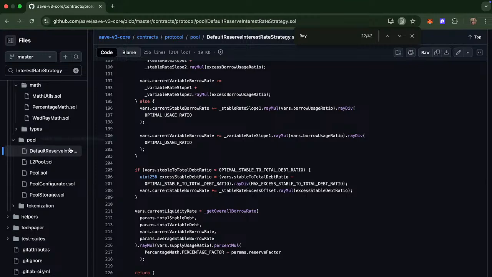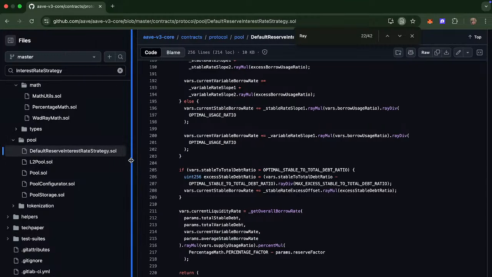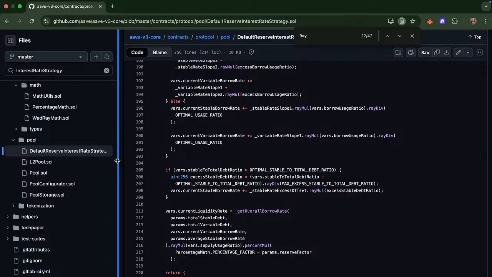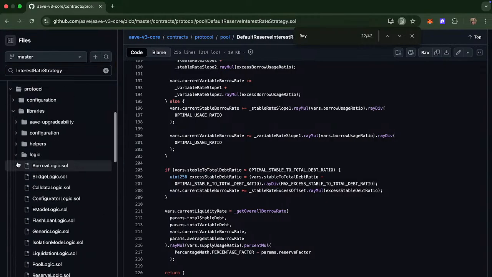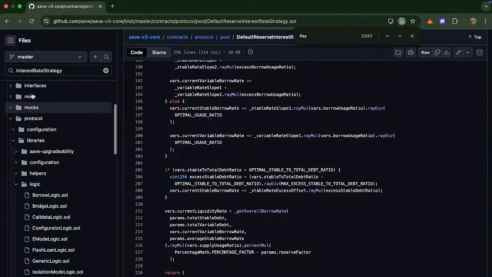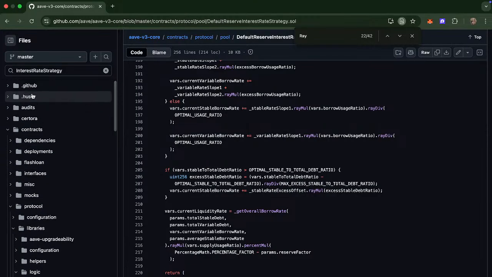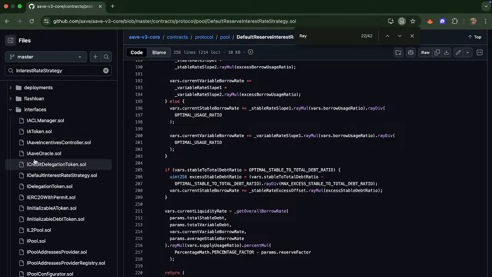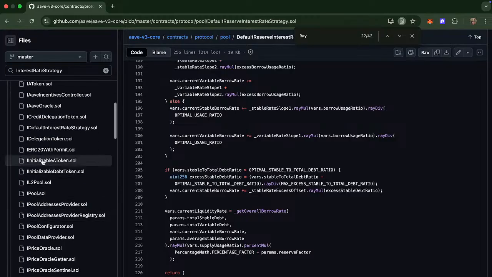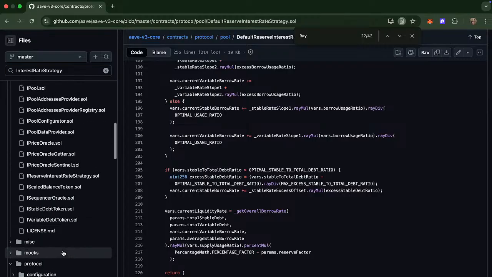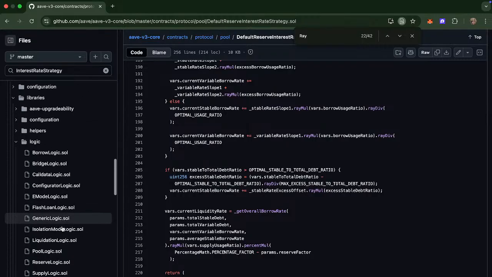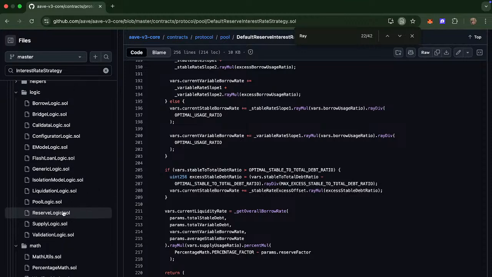Where is it, default reserve interest rate strategy, and under interfaces, contract interfaces, I initial stable token. Okay, let's get back to where I was.